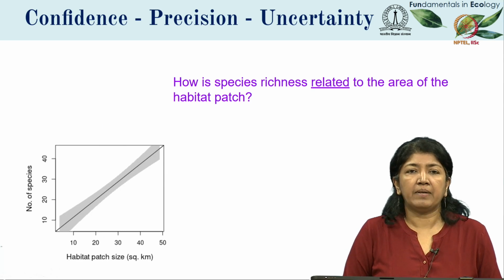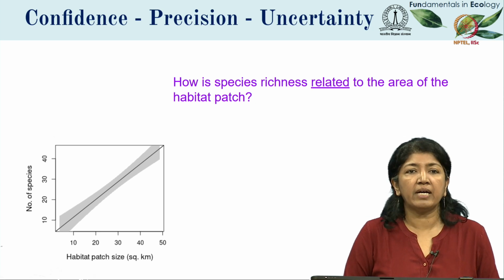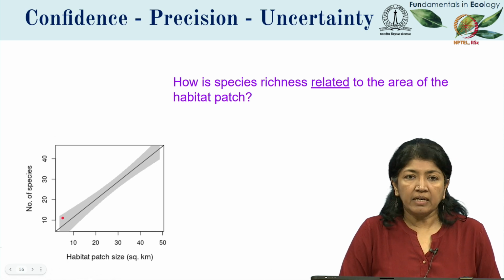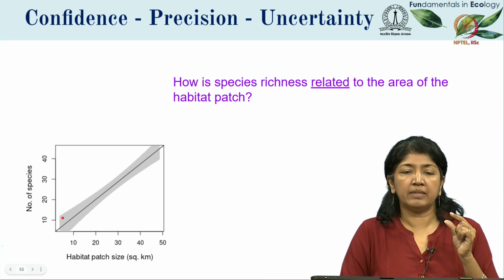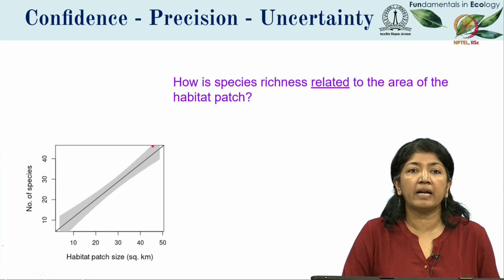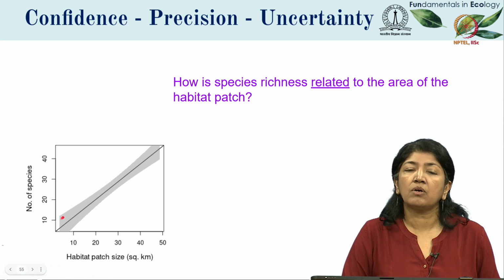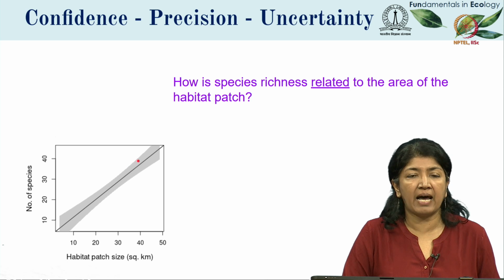Let us take another example. We had the case of how species richness relates to the area of the habitat patch. Here I have shown you that same estimate with a confidence interval around the estimate. Here we have managed to calculate the estimate with precision, because the confidence interval around the slope, which represents the effect between number of species and habitat patch size, is narrow.